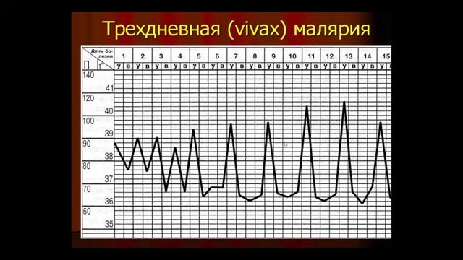This cycle lasts for 48 hours, which is not 3 days, but every third day. So these 48 hours are not between the malarial attacks, but from the start of the first attack to the start of the next attack.